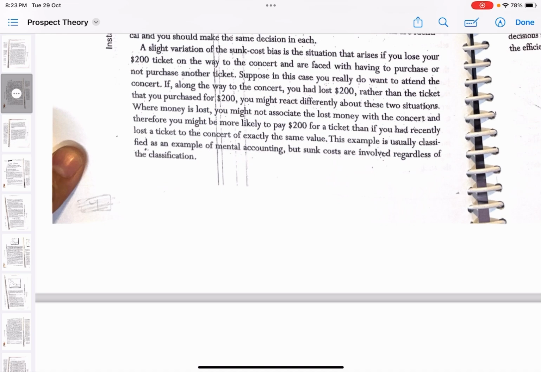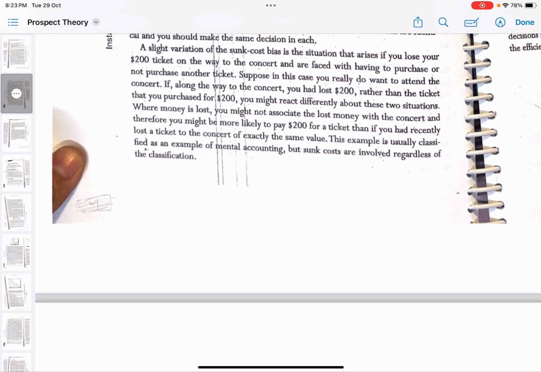A slight variation of the sunk cost bias is the situation that arises if you lose your $200 ticket on the way to the concert and are faced with having to purchase or not purchase another ticket. Suppose in this case you do want to go to the concert, and then you lost the ticket. Or, let's say you're going to the concert and you lost $200 rather than the ticket which you purchased for $200. You might react differently about these two situations.